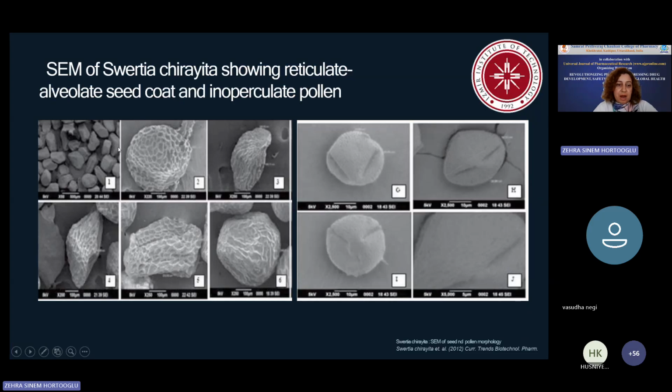These images show the seed coat and its pollen morphology. Its type of pollen is inaperturate. Pollen morphology is very important, and SEM is very important to learn about it.